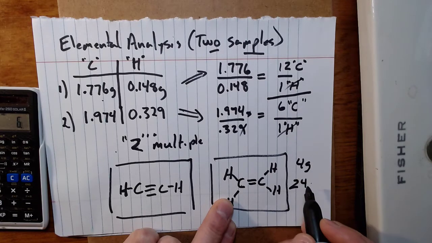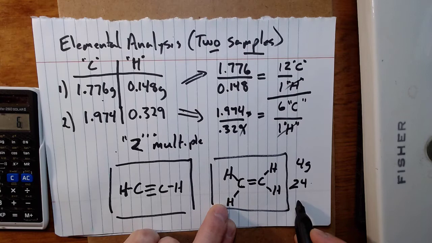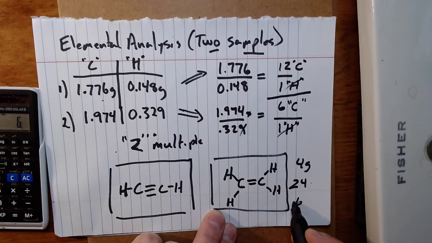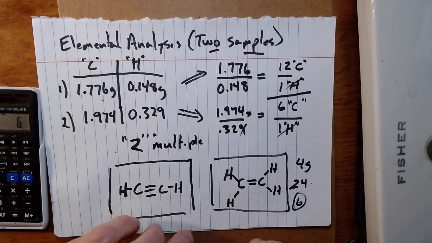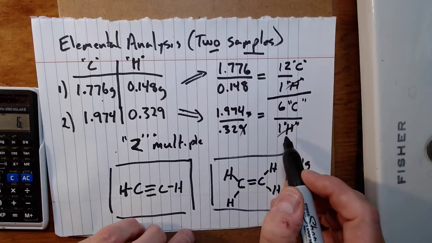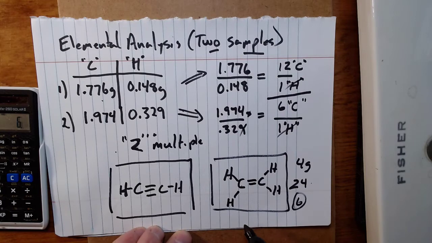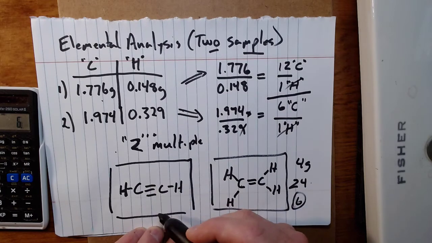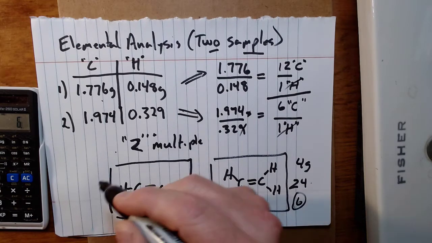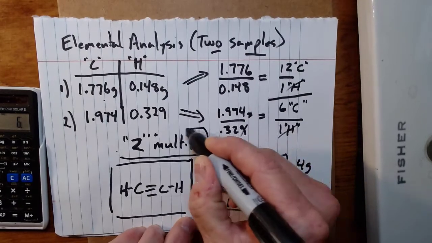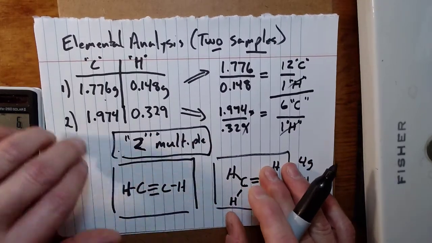So if we take and divide 4 into 24, we do indeed get 6 as a difference in the weight of carbon to the weight of hydrogen, 6 to 1. So this is a 6 to 1 ratio of weights of carbon to hydrogen. This is a ratio of 12 to 1. So this is, again, an exemplification of the law of multiple proportions.